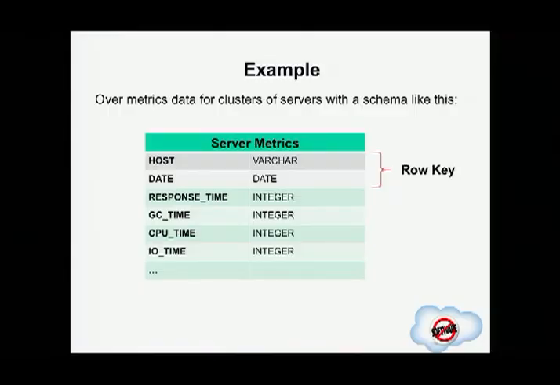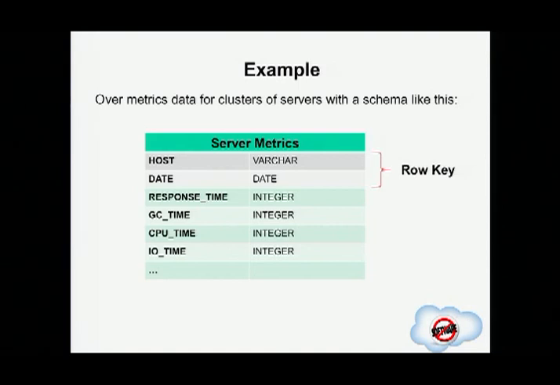So next, I want to walk you through a set of 3 examples, and explore how Phoenix does its query processing to give you a little better appreciation for what's going on behind the scenes. The domain I've chosen, not the most exciting, but one that I'm sure you can all relate to, is server metrics monitoring.